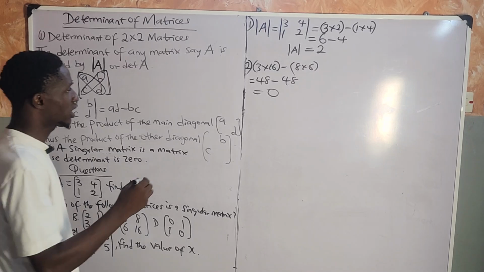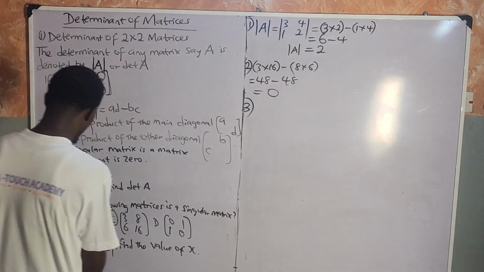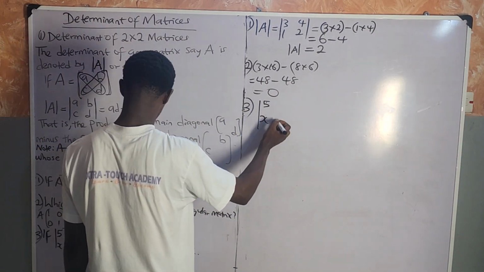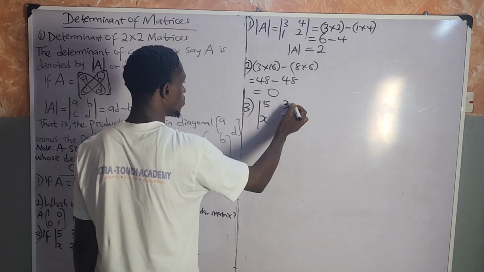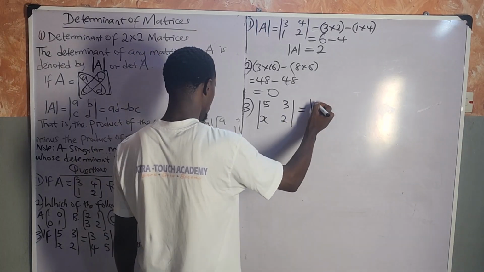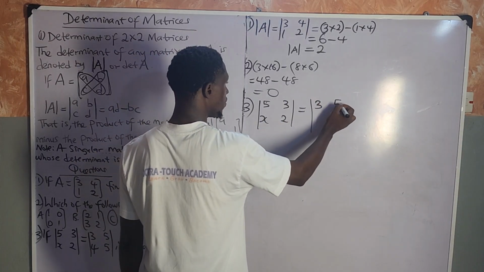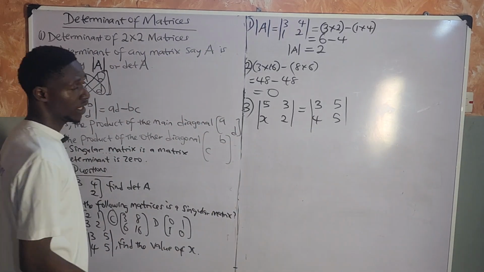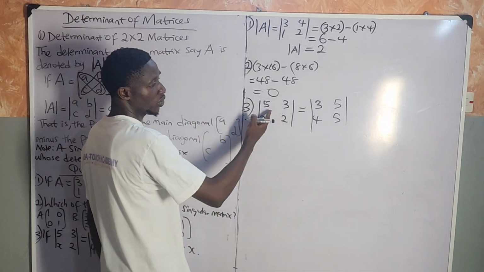So let's go to number 3. If we have the determinant of 5, x, 3, 2 is equal to the determinant of 3, 5, 4, 5, find the value of x. Remember, we are talking about determinants.